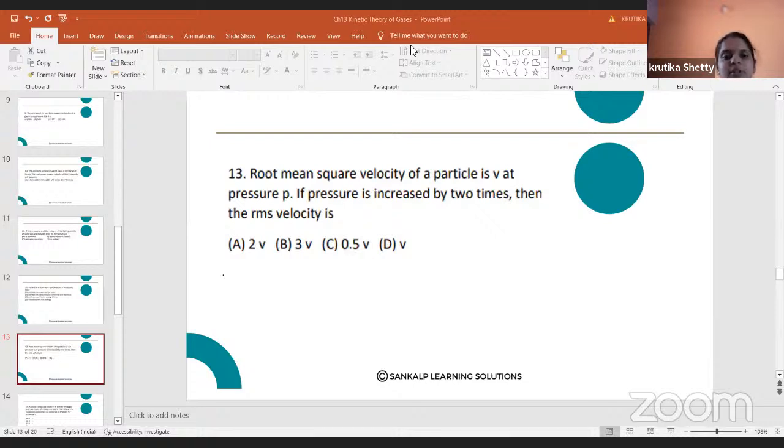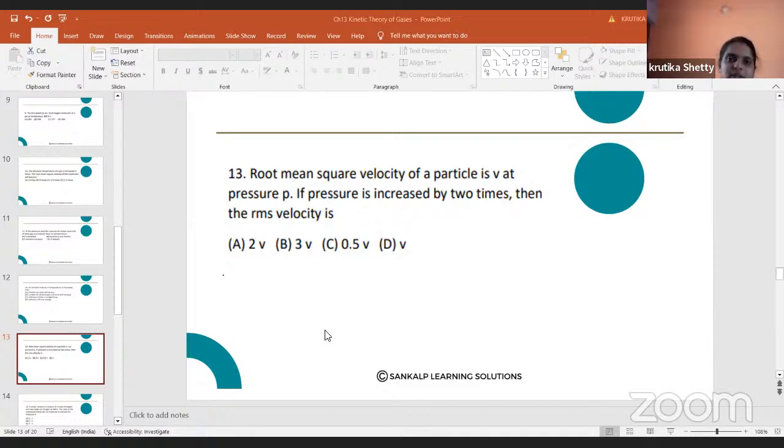Everybody is giving option B. Actually here, see, the root mean square velocity of the particle is V at pressure P. If pressure is increased, does the root mean square expression have a pressure term? Is pressure having any effect on the root mean square velocity? Then option D it is. So here the pressure is not affecting the root mean square velocity. Pressure has no effect on the RMS velocity. Therefore, the velocity remains the same, that is V itself. Option D is the correct option.